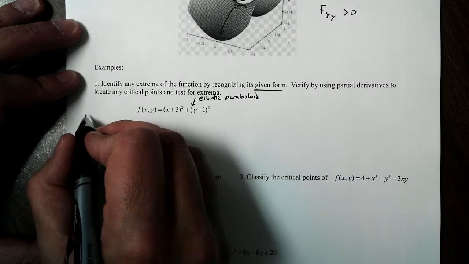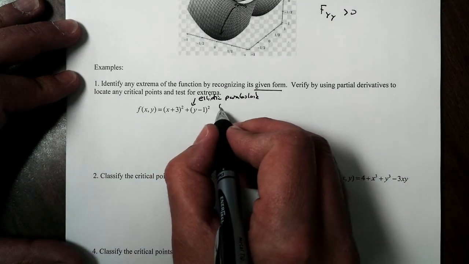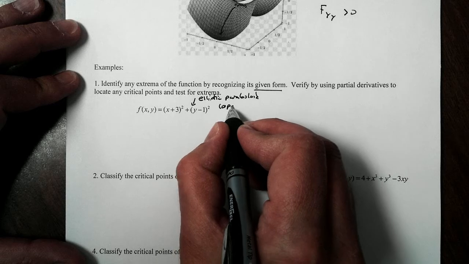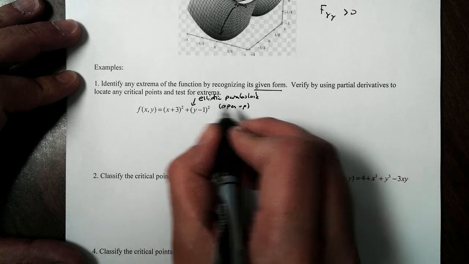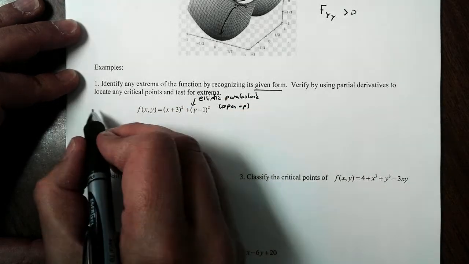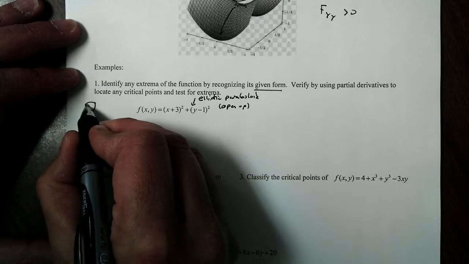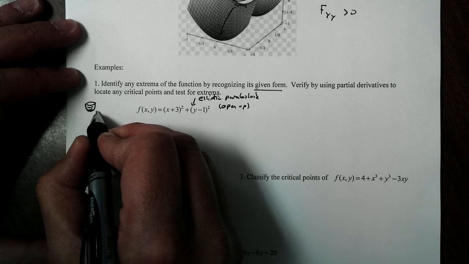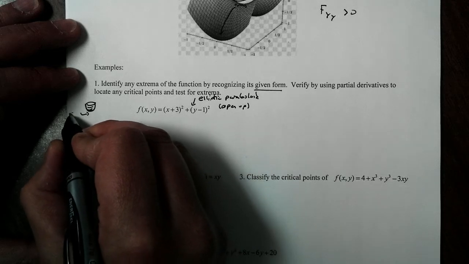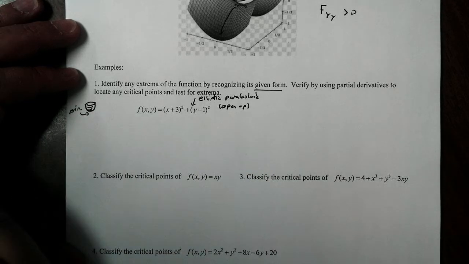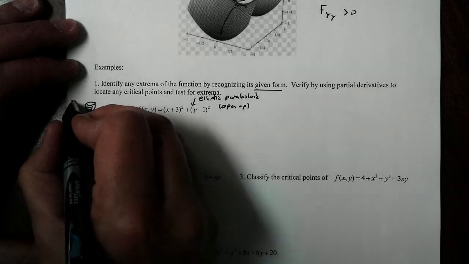If we think of our elliptic paraboloid, it looks like this. It's going to open up right here. At the very bottom, I am going to have a minimum value, and that bottom is my critical number.